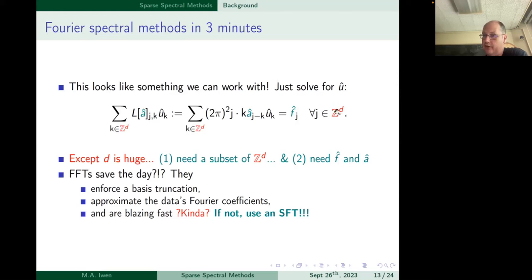So if D is 1,000, an FFT is still going to be too slow. So instead, you do something entirely brain dead. You change the F in FFT to an S and use a sparse Fourier transform instead, and think about how you can possibly make this work in that setting.